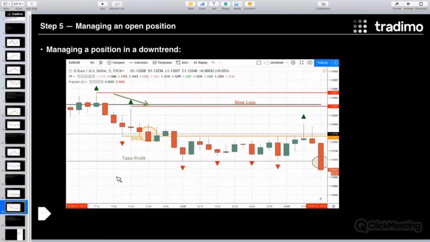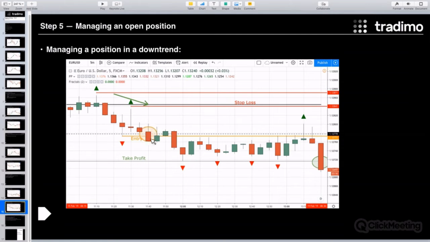Okay, let's have a look at a downtrend example. Here we are managing a position in a downtrend. This was our entry level, and right after we entered the pending order, we are in the position.